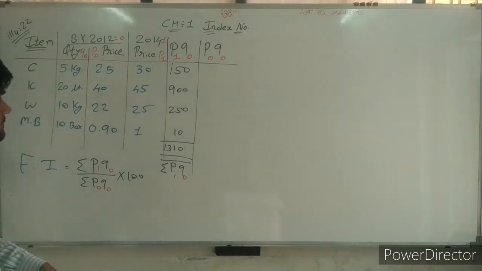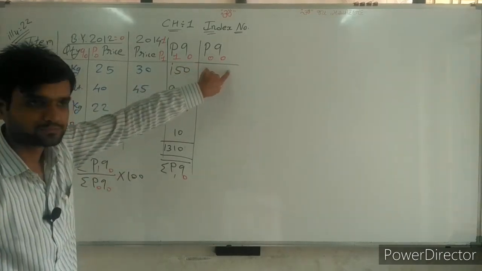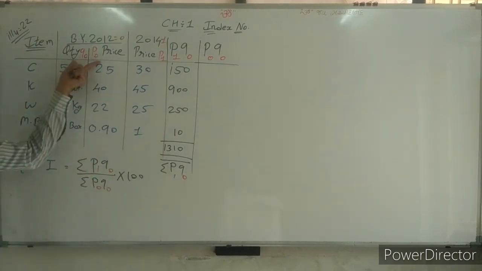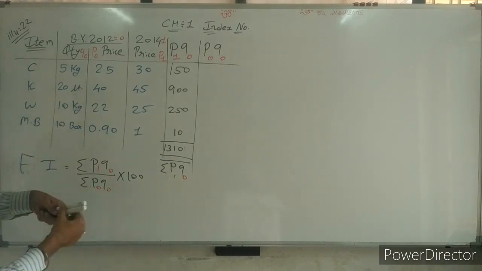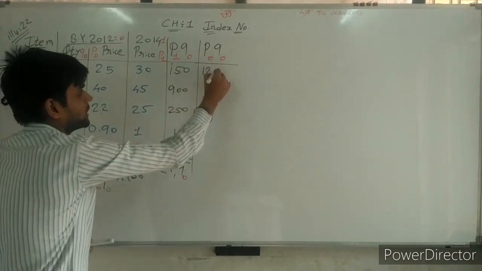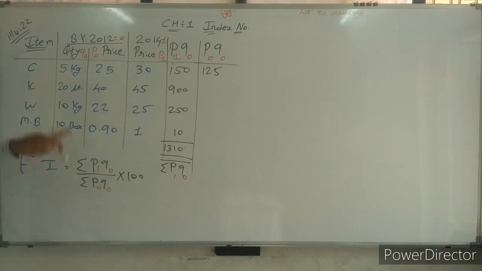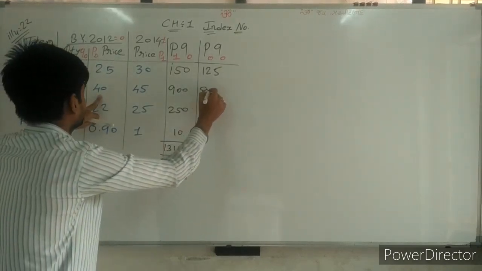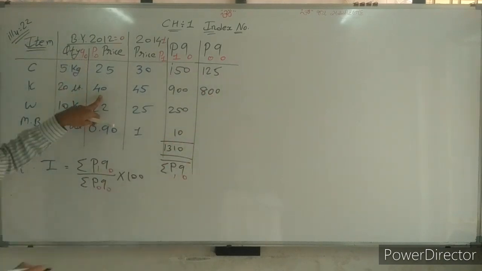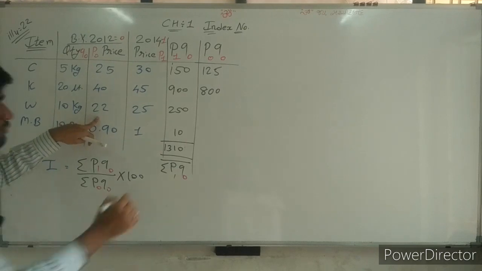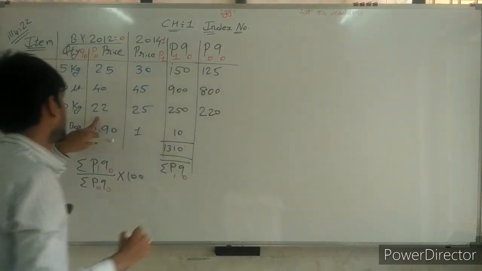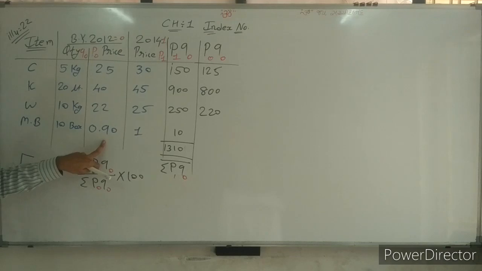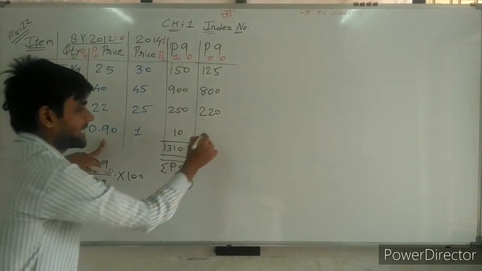Going ahead, P0Q0. So my P0Q0 items are: 25 into 5, 125. 20 into 40, 800. 10 into 22, 220. 10 into 0.90, so 9 rupees.